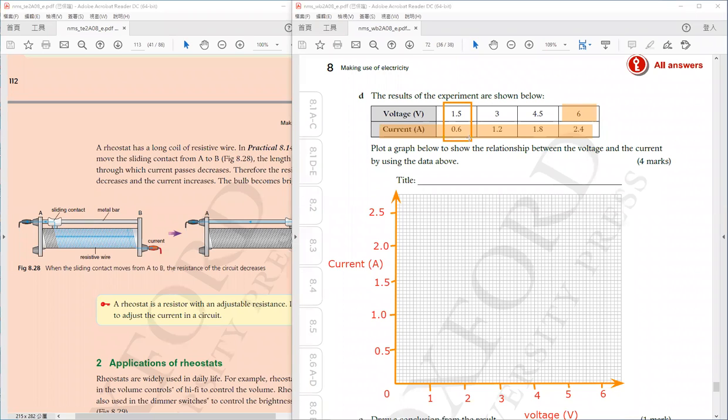So put the first case. When voltage is 1.5 V, current is 0.6. You should be able to find it here. Same as all other cases. When voltage is 3, current is 1.2.